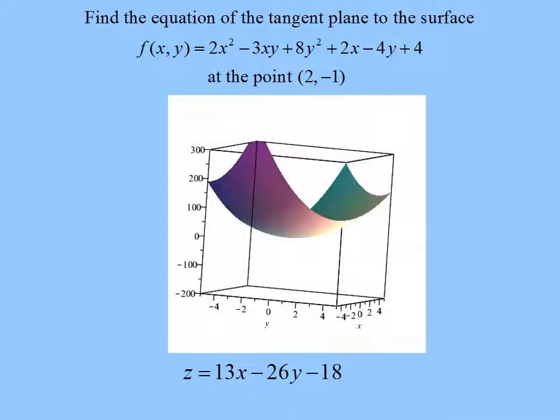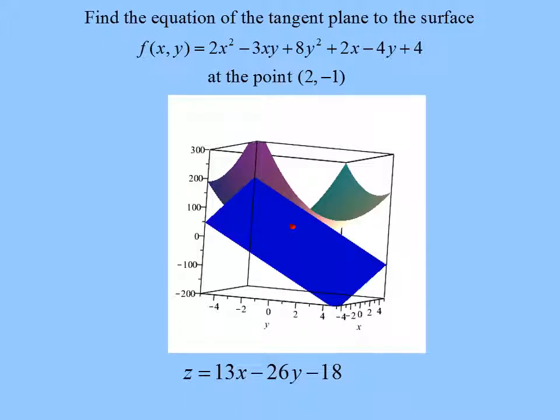Now here you see a picture of the surface z equals 2x squared minus 3xy plus 8y squared plus 2x minus 4y plus 4, and the point 2, -1, comma 34. And the plane z equals 13x minus 26y minus 18. And you can see that is indeed a tangent plane.